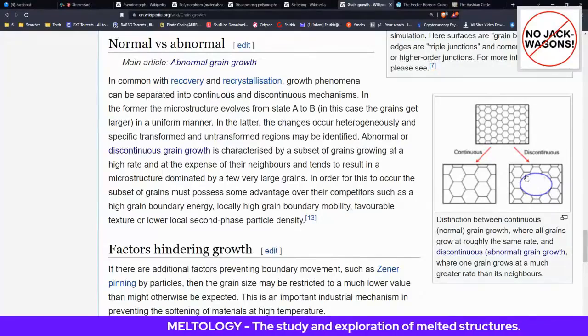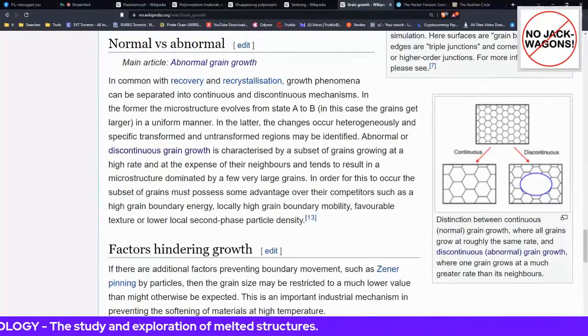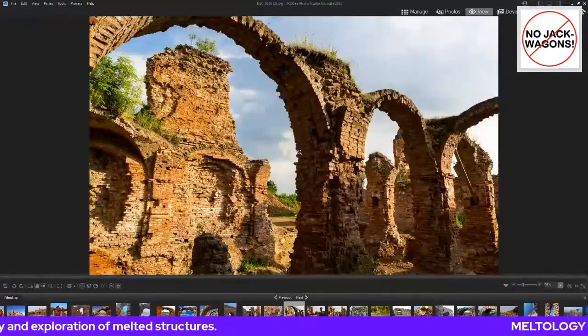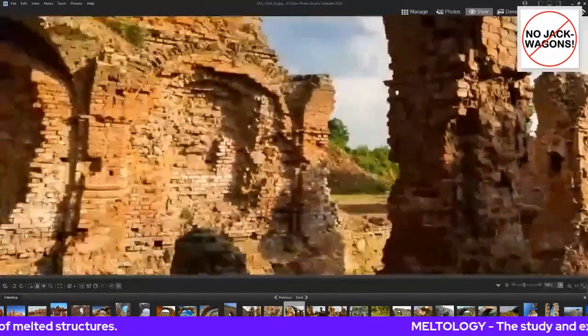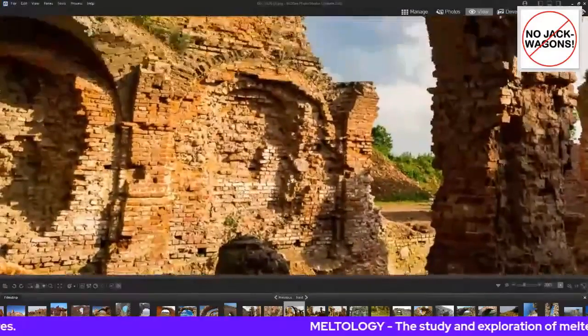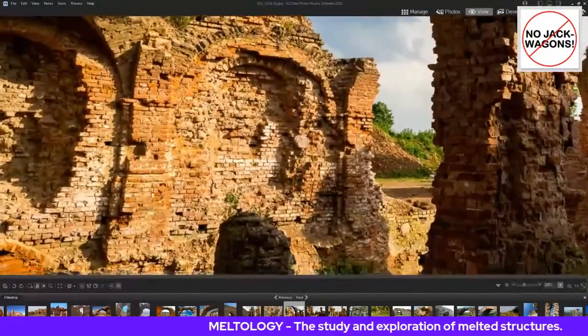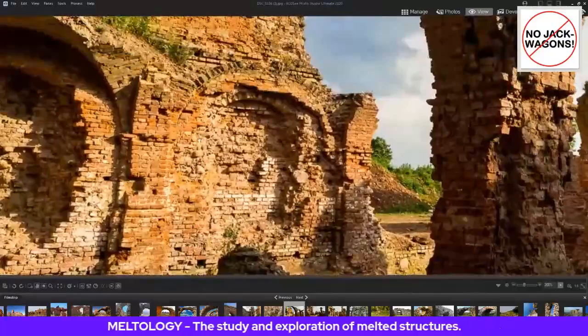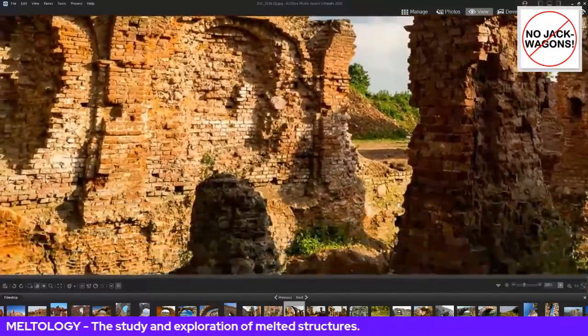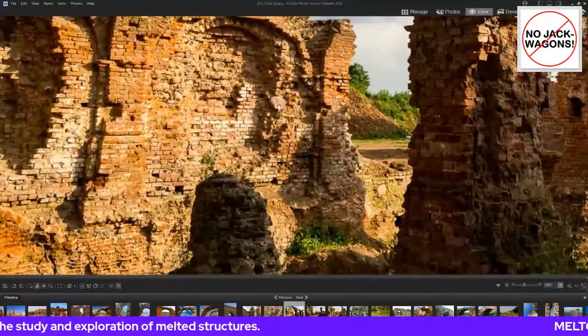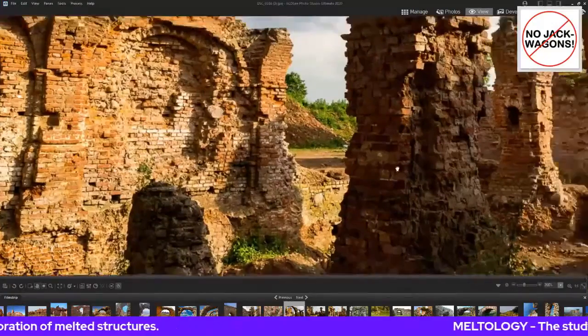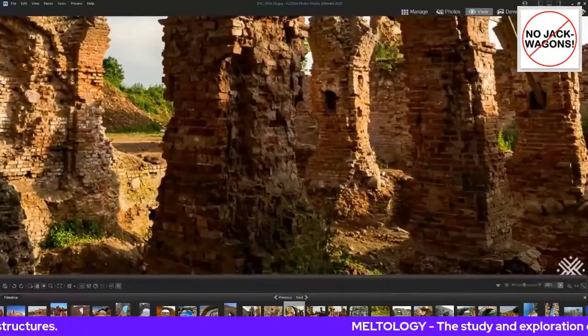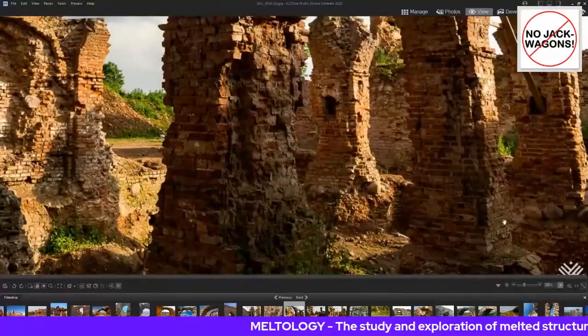Oh, look at that. How many times have we seen a brick wall with a big balloon rock in the middle of it? I want to bring up this thing. You can see that these bricks are really well made, because there's not much of this grain growth. But there's one here, there's another one here, these balloon rocks.